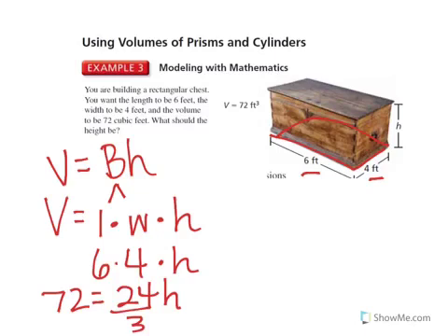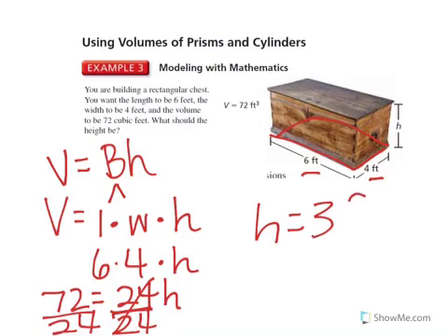Let me fix that. Divide both sides by 24 to solve for our height. When we do that, 72 divided by 24, our height ends up being 3 feet.